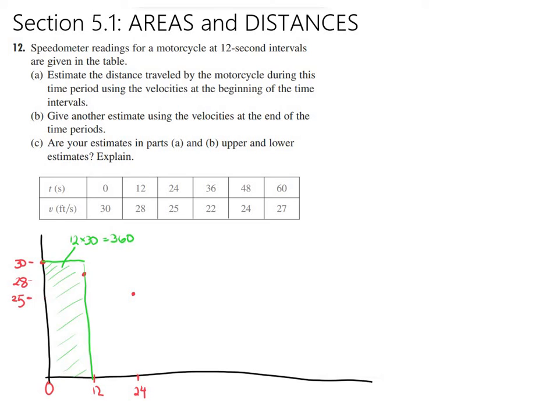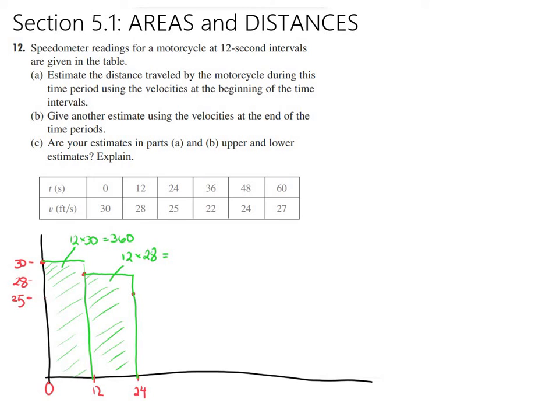And over the next 12 seconds, we're going to use the velocity at the beginning of the time interval again. So we'll assume it spends the next 12 seconds going 28 miles per hour, feet per second. So again, that matches the area of this rectangle, but the calculation is just 12 seconds going 28 feet per second.